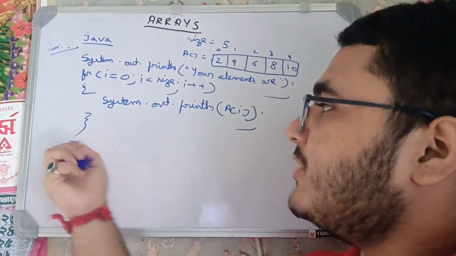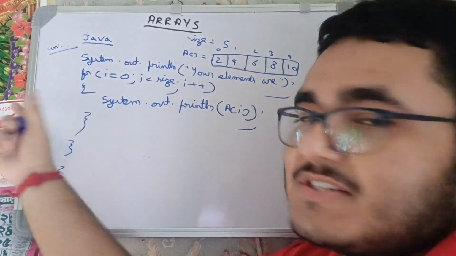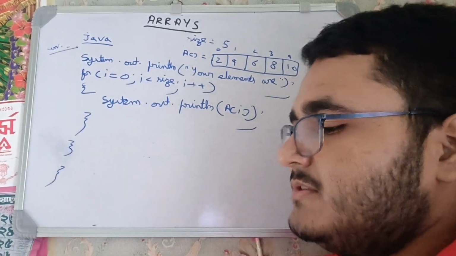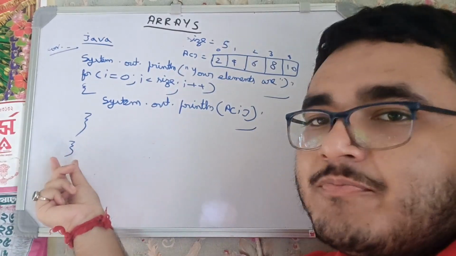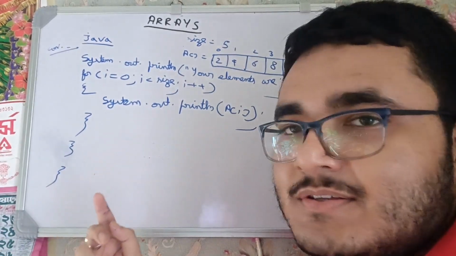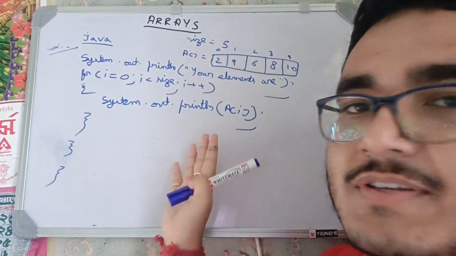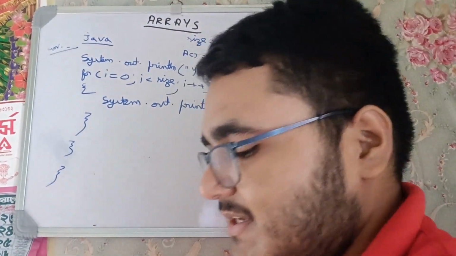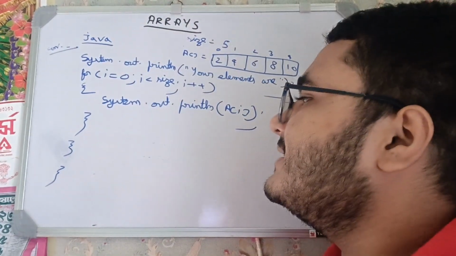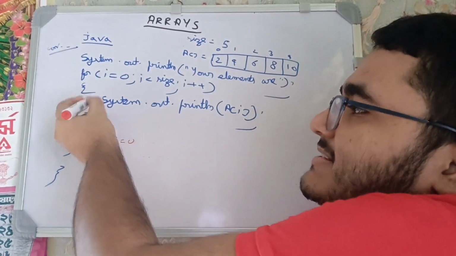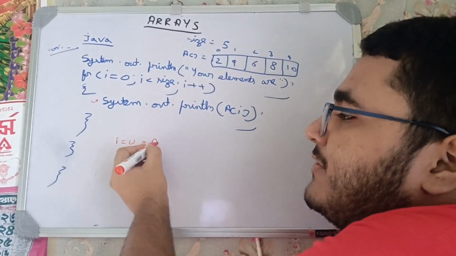I was writing in the main function, right? It is the continuation of that part. So closing of for loop, closing of main, closing of class. That's it, right? So this was in Java. This is how simply you can access. So how will it work? When I is 0, the task is to print a of 0.